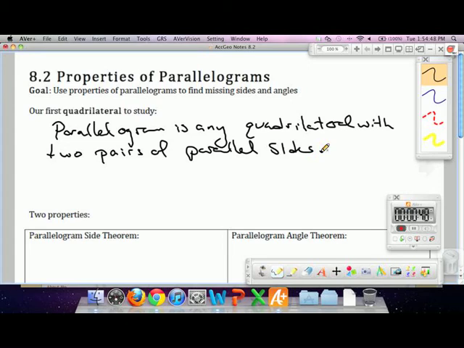That's all we need. To get a parallelogram, we just need a four-sided figure with two pairs of parallel sides. That's all the definition of parallelogram says.